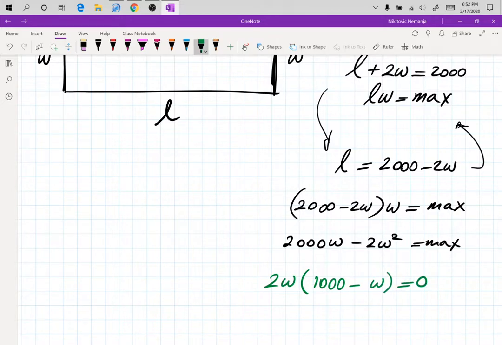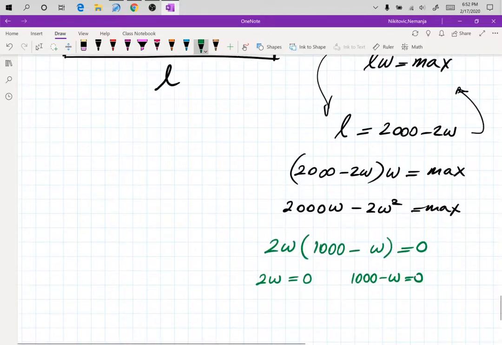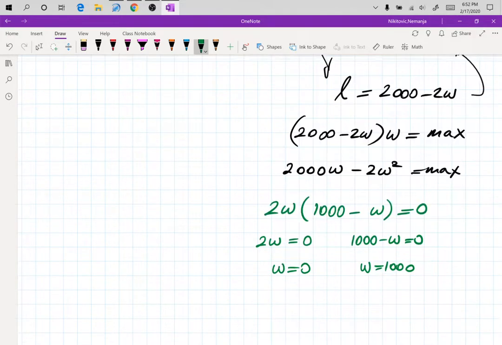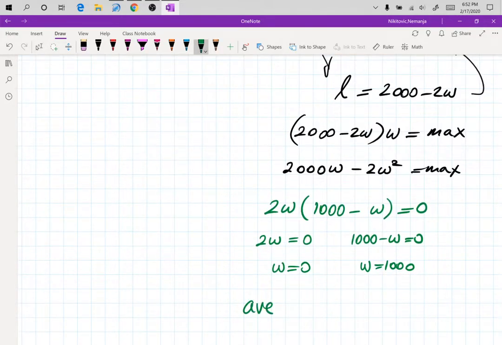We set it equal to 0. 2W is 0, and 1,000 minus W is 0. So W is 0 and W is 1,000. And what's the average? The average W is 500. You said, wait, that was what we had before.